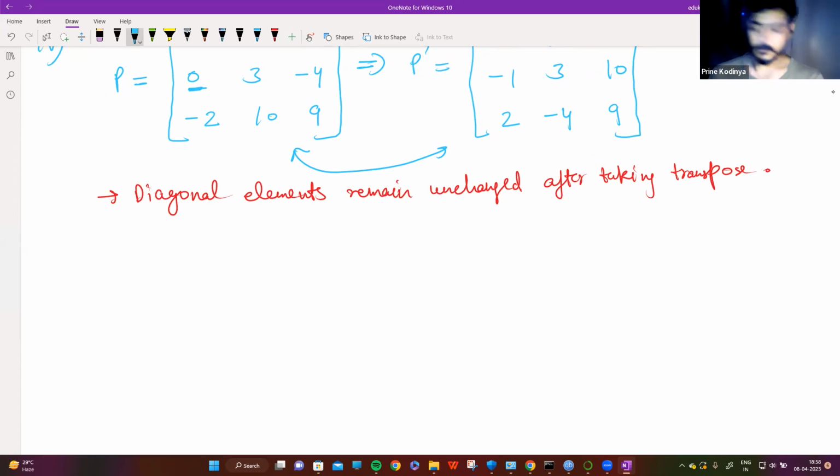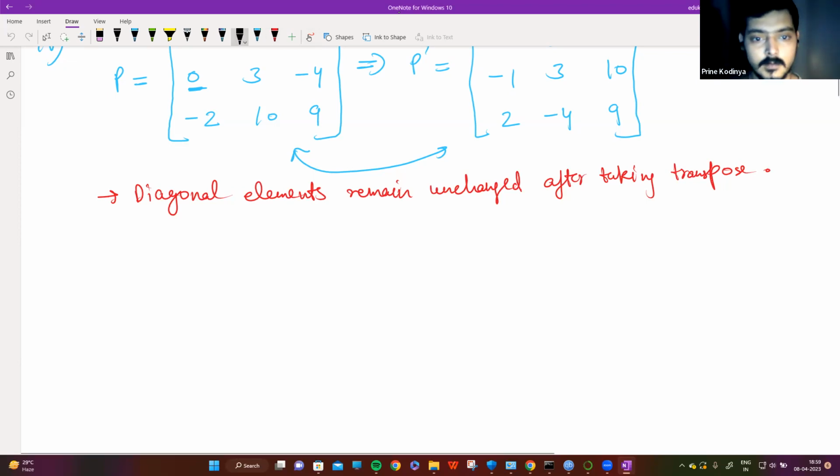Right? Now we are talking about some of the properties of transpose. So we are on properties of transpose.